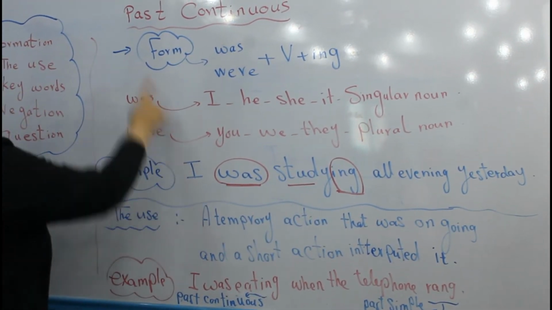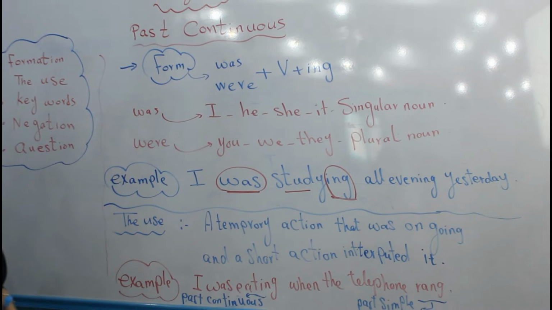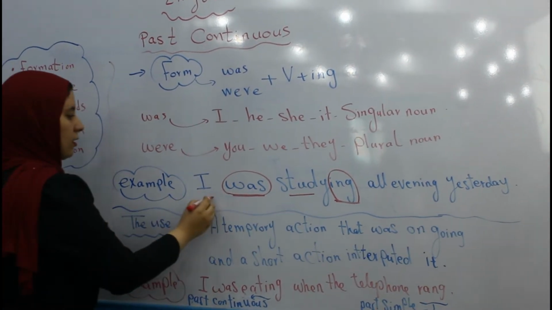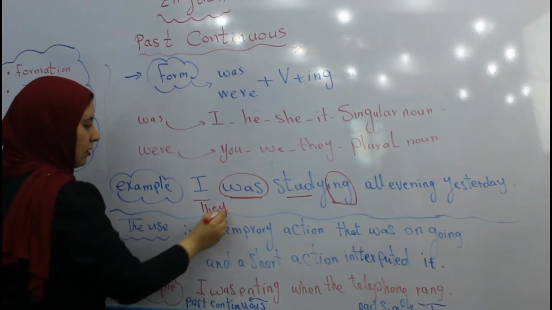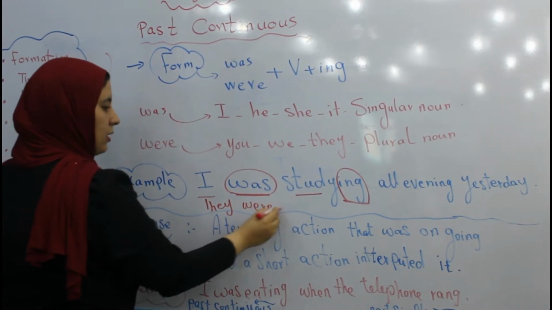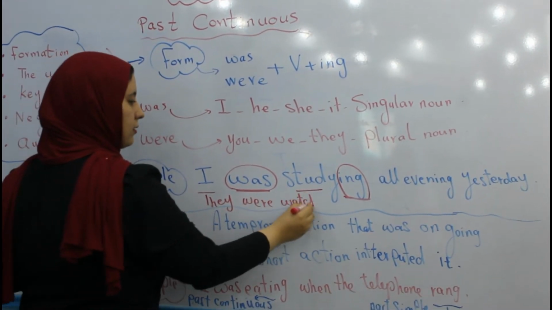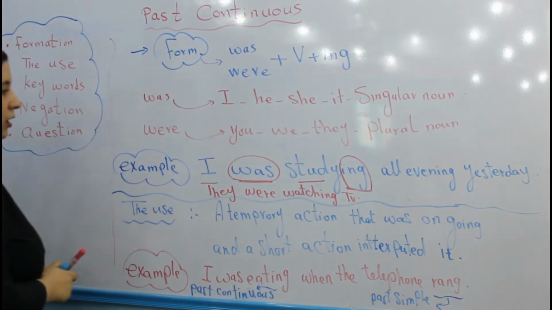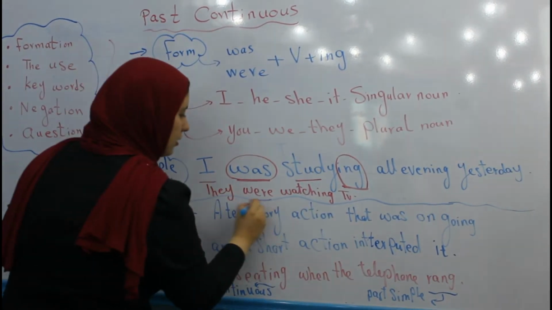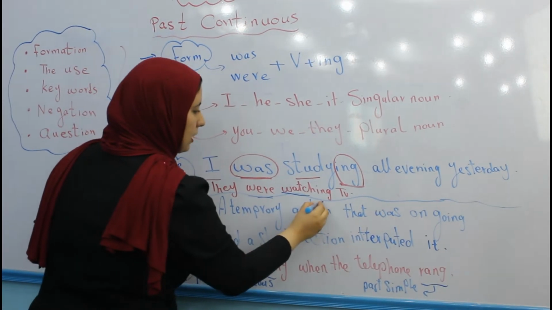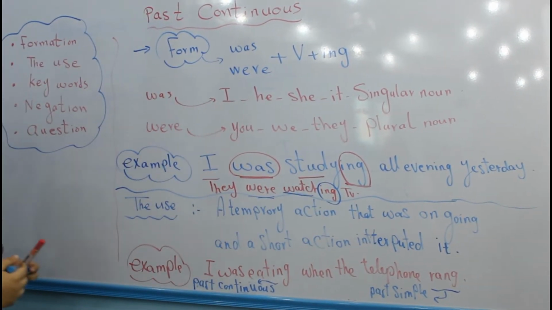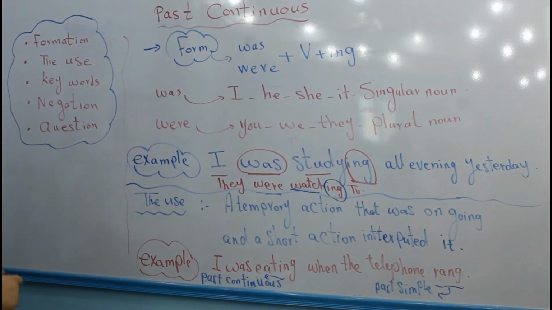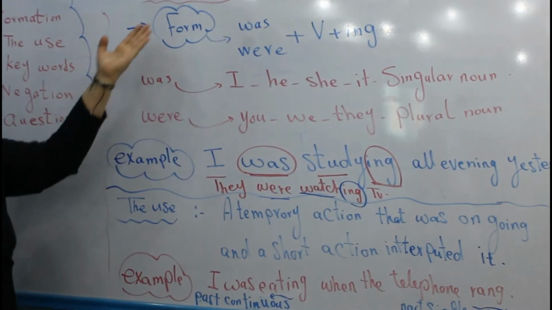This is called past continuous. Another example, they were watching TV. Here we have were plus verb plus ing.